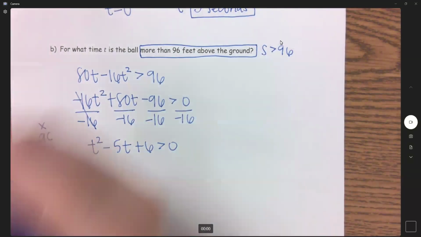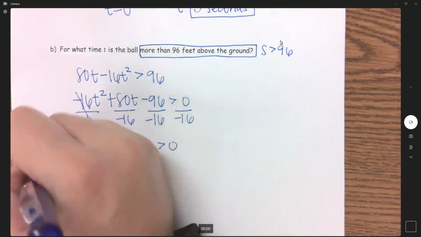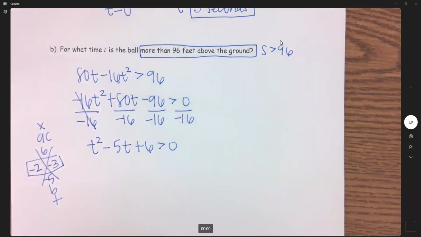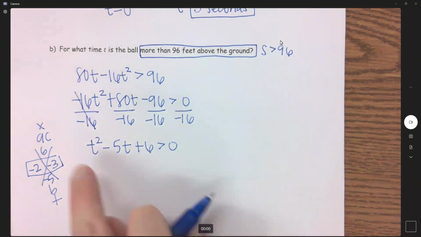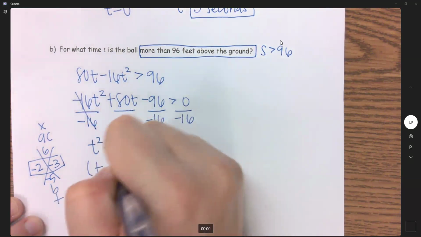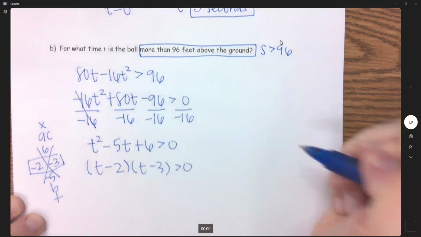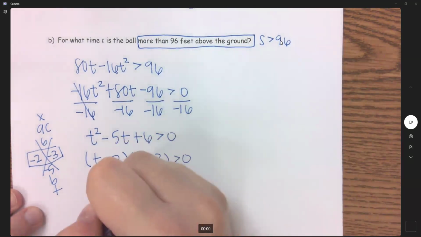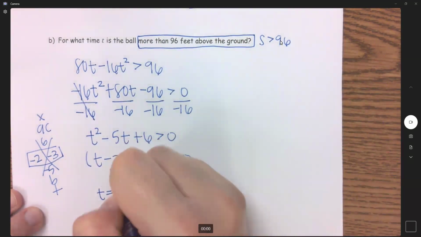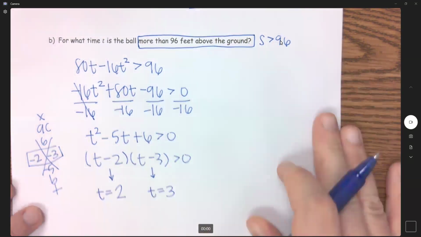Pause if you need more time. But that's negative 2 and negative 3. Because this is an easy trinomial, this factors to t minus 2, t minus 3. So here we get t is 2, and here we get t is 3.